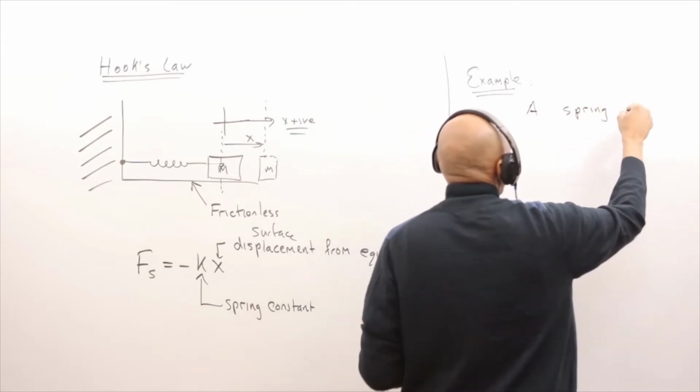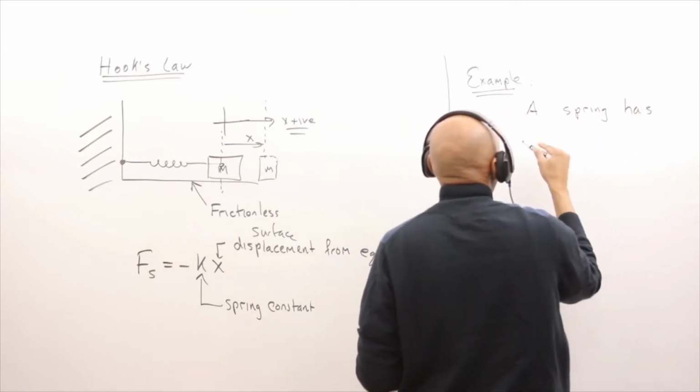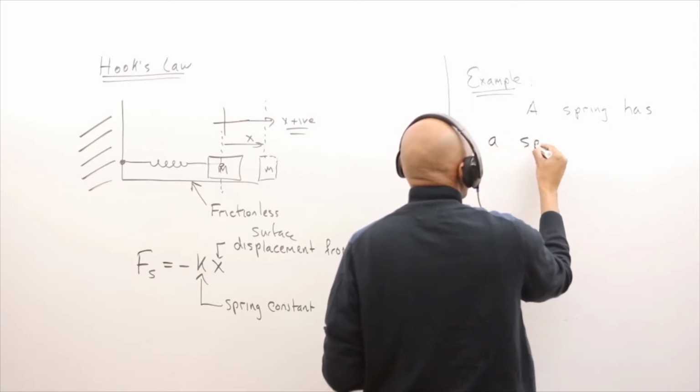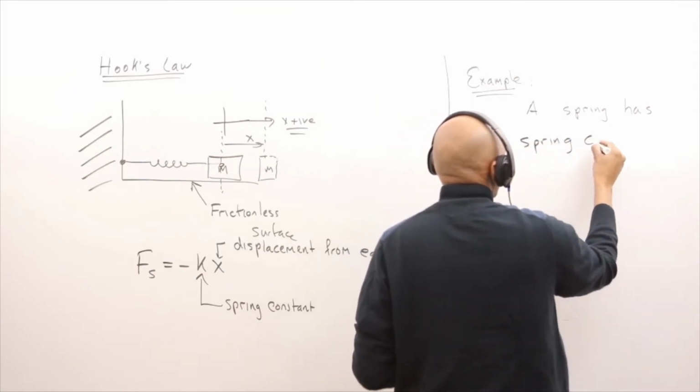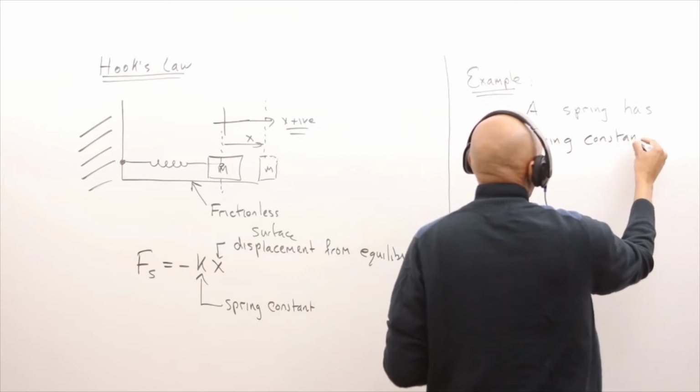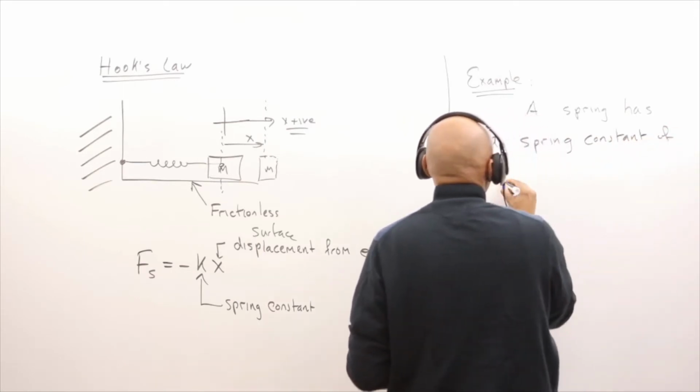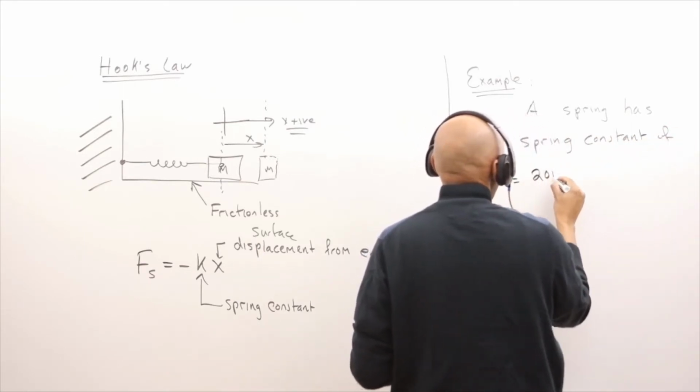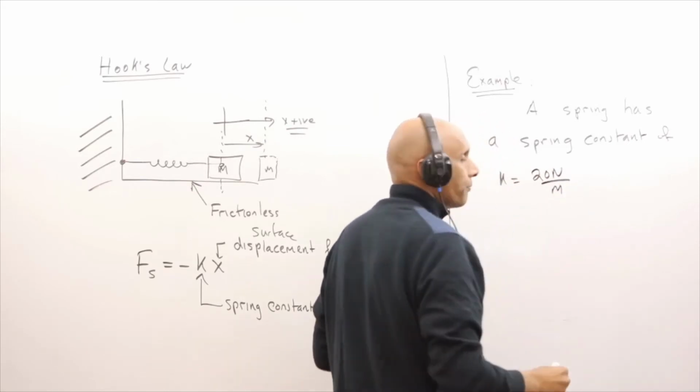A spring has a spring constant of k equal to 20 newtons per meter.